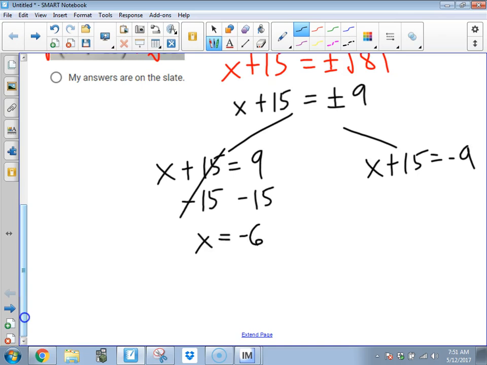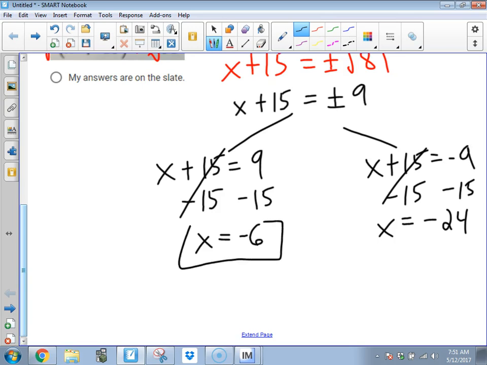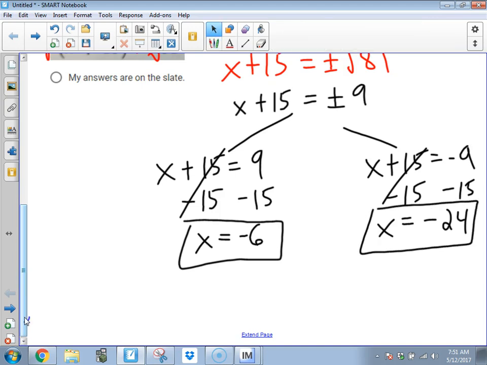So x equals negative 6. The opposite of adding 15 here, subtracting 15. X equals negative 24. These two would be the two boxes that you need.